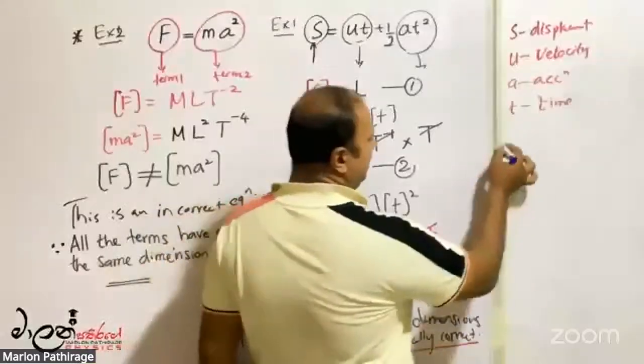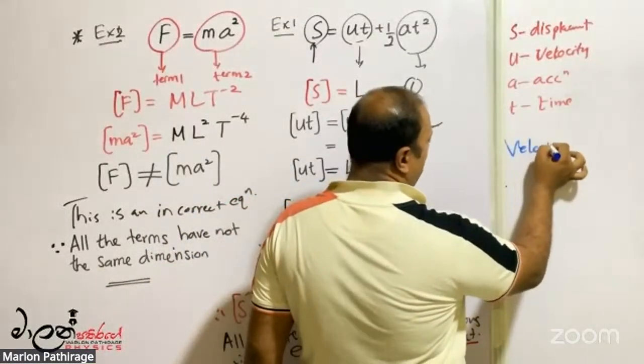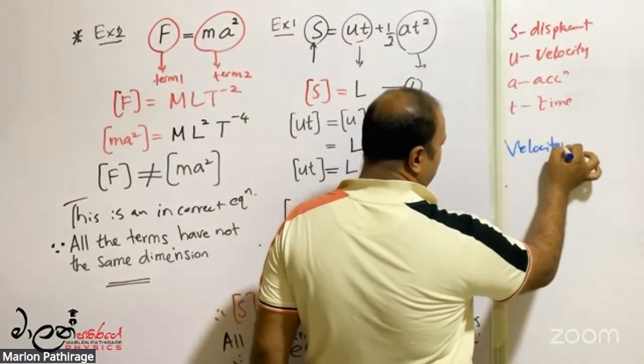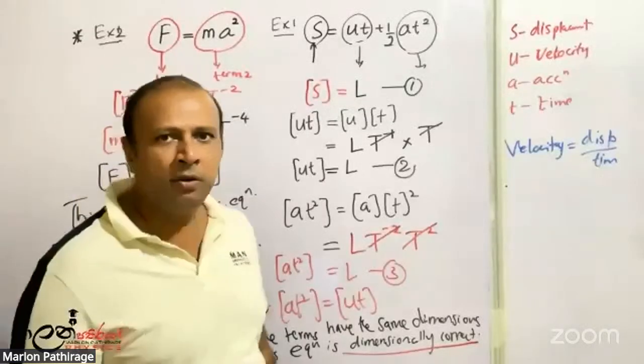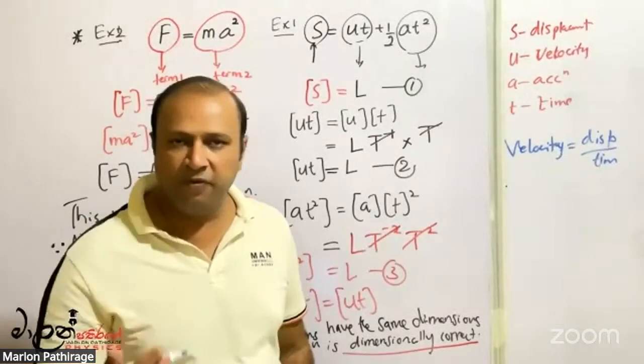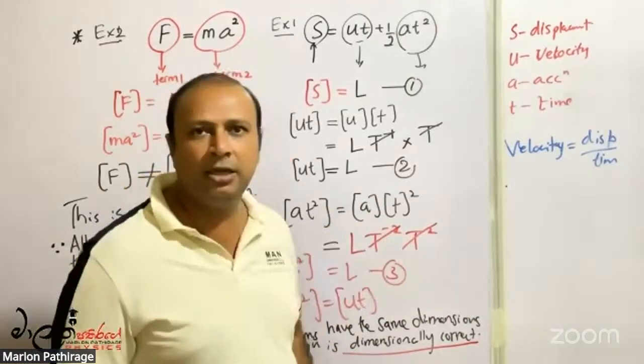If we consider velocity, velocity is equal to displacement over time. Therefore, if you want to represent the relationship of velocity, you have to write this equation.